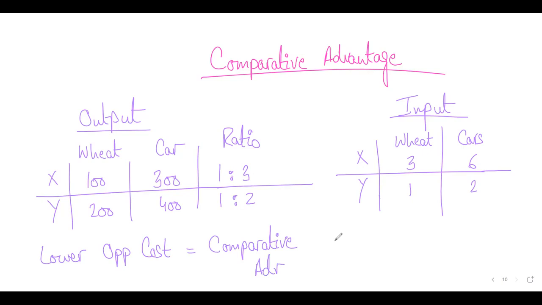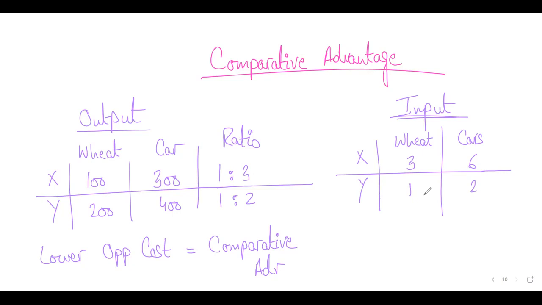Now let's come to the input scenario. In the case of input, for X, it will be 1:2, or in fact, we don't even need to do this. In the case of inputs, when we're looking at comparative advantage, you just need to see which country can produce something with lower resources.